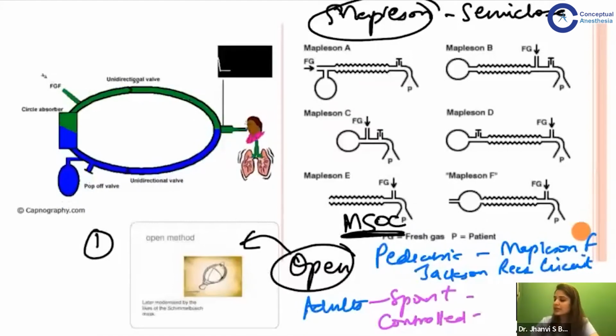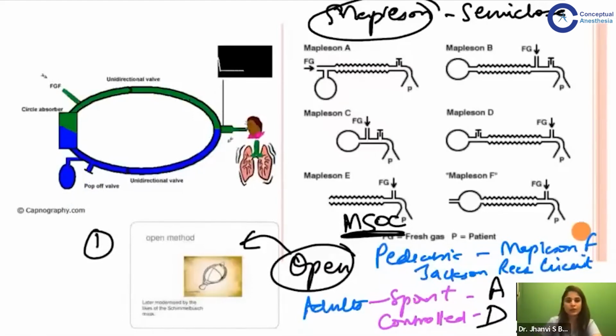In adults for spontaneous ventilation, the Mapleson system of choice will be Mapleson A. And in adults for controlled ventilation, the Mapleson system of choice will be Mapleson D or Bain circuit. Okay. So this is all that will be asked in the exam.